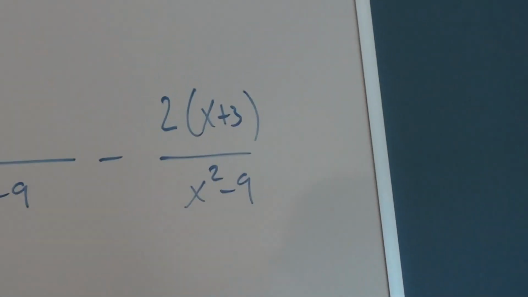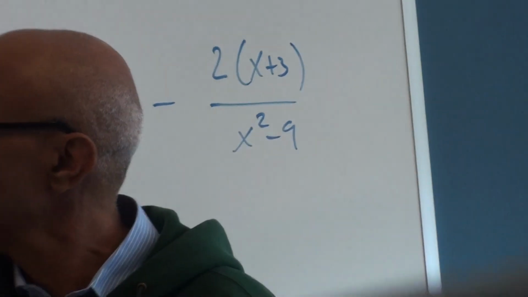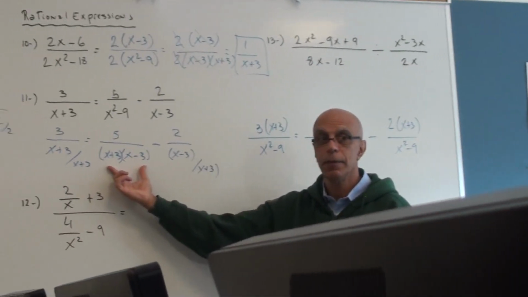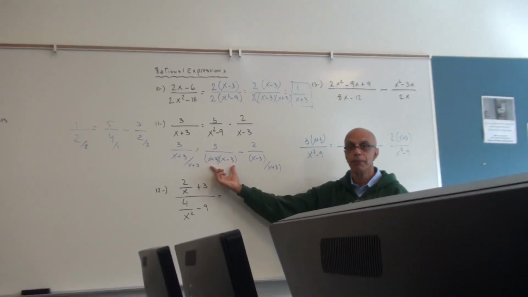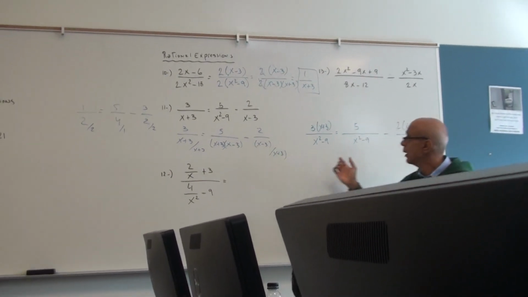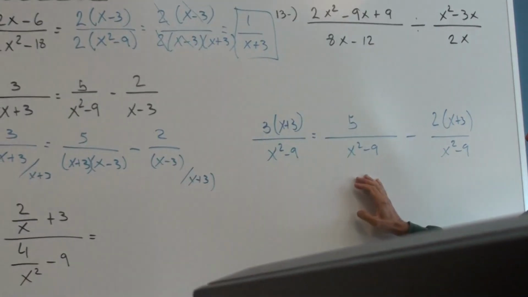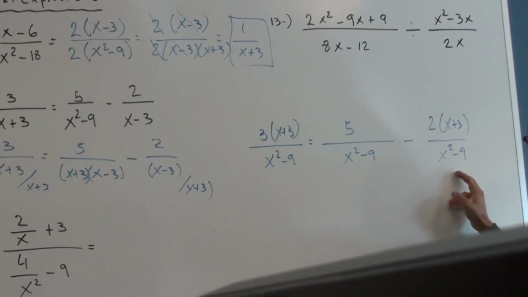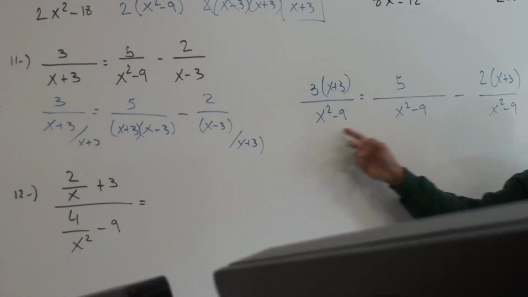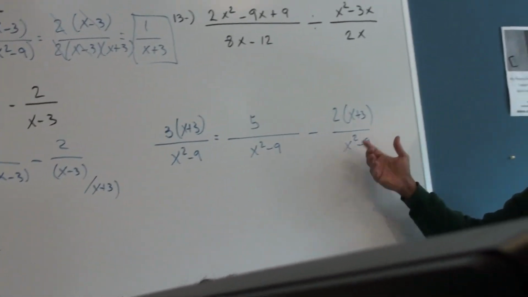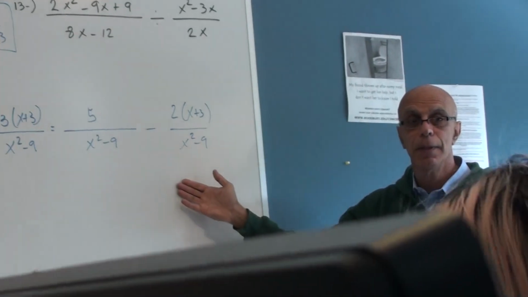Okay? So this here is x squared minus 9. So now, what do I do now? I can get rid of the denominator, right? If I multiply both sides of the equation by the denominator, it goes away, right?